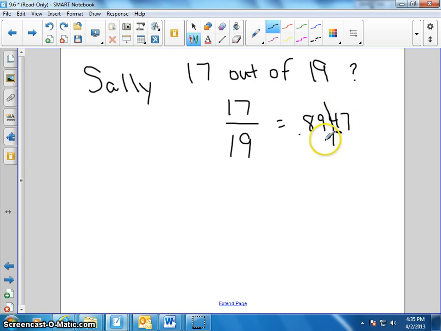No. This number is less than 5, so we don't need to round. And when turning this decimal into a percent, we multiply times 100. And an easier way to do that is just to move the decimal over 2 places to the right. So we would have 89%, and she got 89% of the questions right.